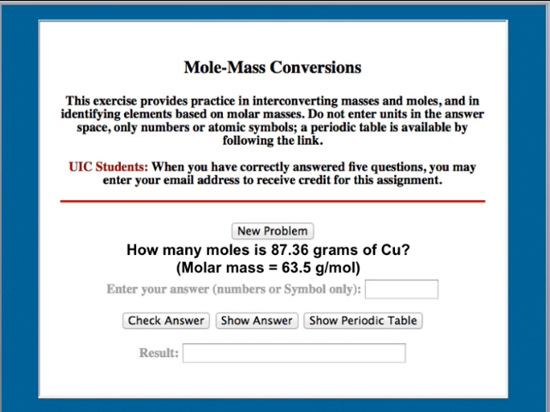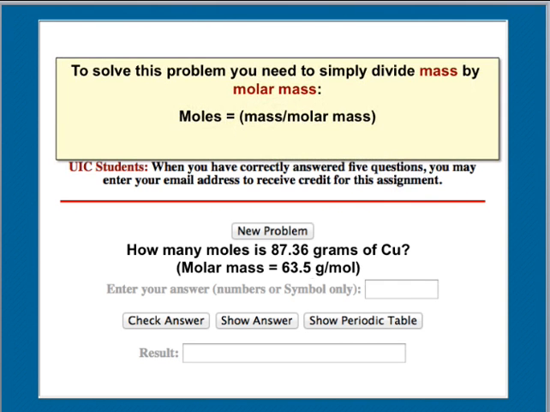Here is our ratio. Remember, moles is going to be mass divided by molar mass, right? All we do is substitute. Here's our mass. Here's our molar mass. And that's equal to 1.38 moles.